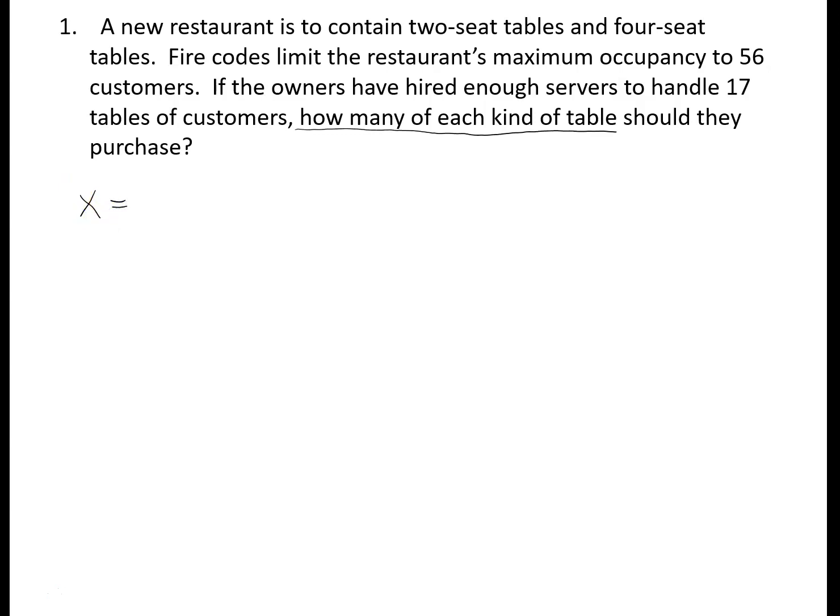I like to use X and Y, but really you can use whatever letters you prefer. So we've got 2 different kinds of tables. We've got 2-seat tables. So I'm going to put X is number of 2-seat tables. And Y then would be the number of 4-seat tables.